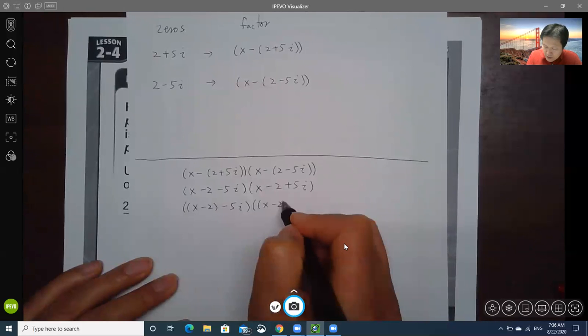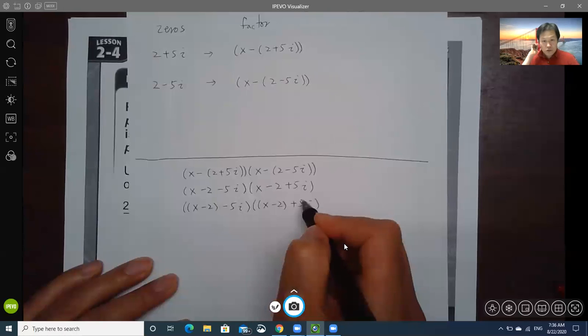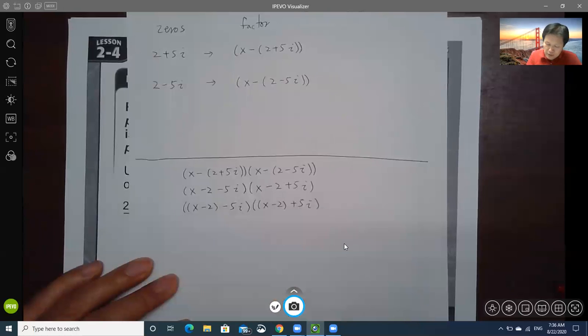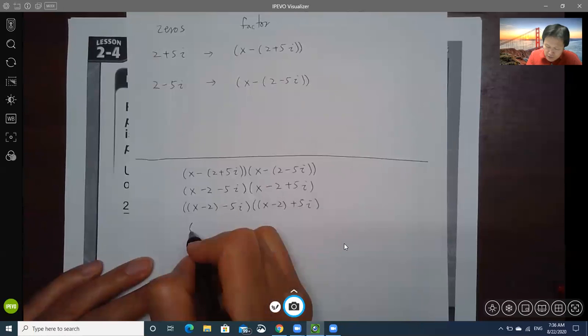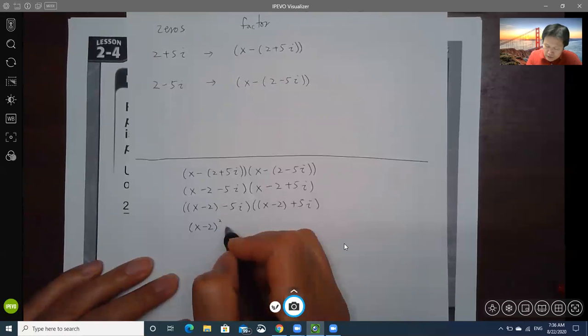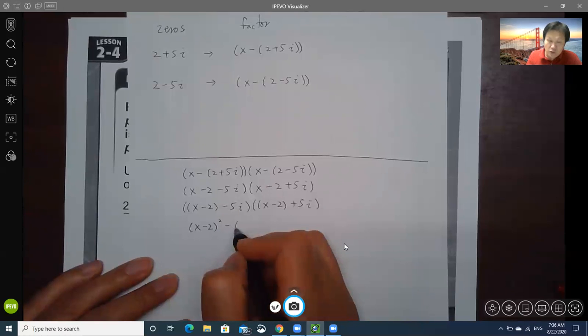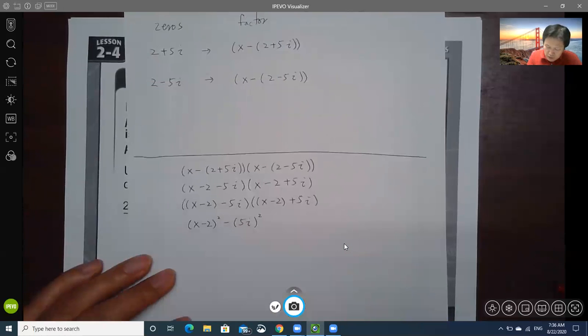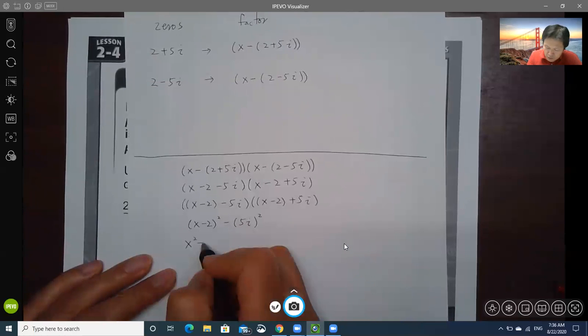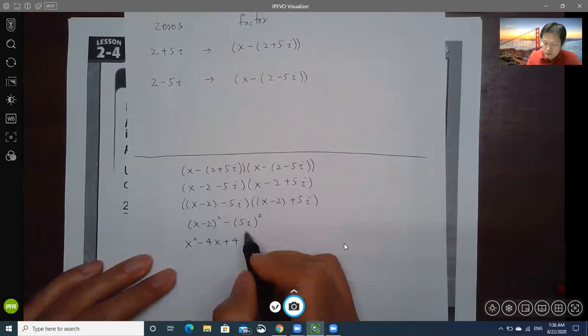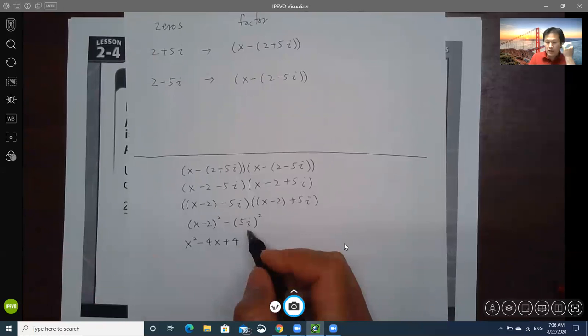So I parenthesize the first two. Then this becomes x minus 2 squared minus 5i squared. Then this is x squared minus 4x plus 4. What is 5i squared? Minus 25.